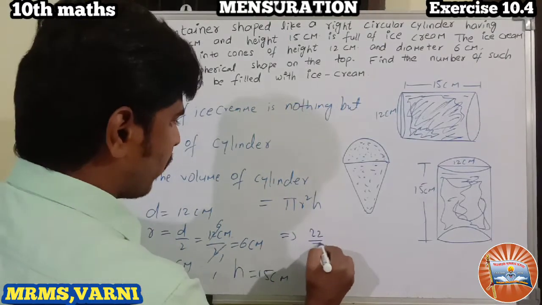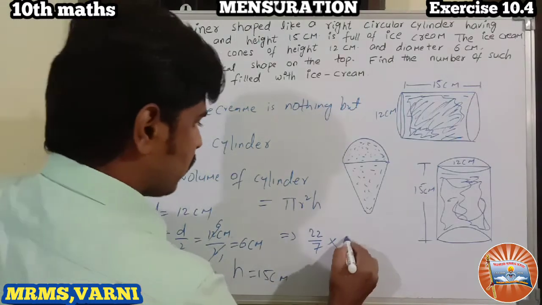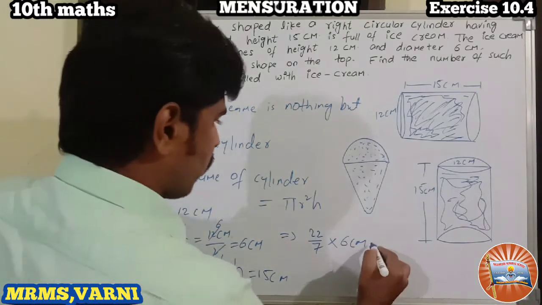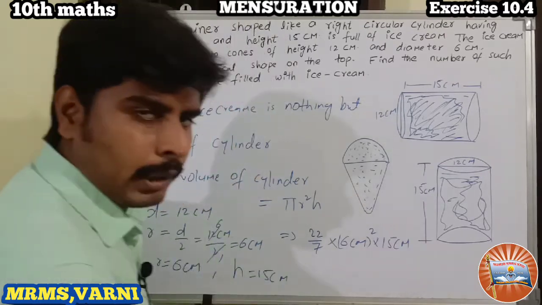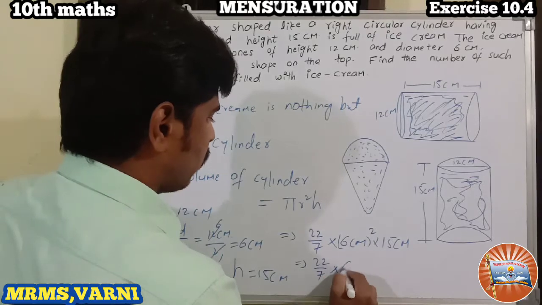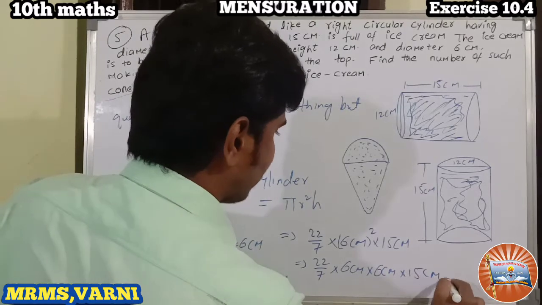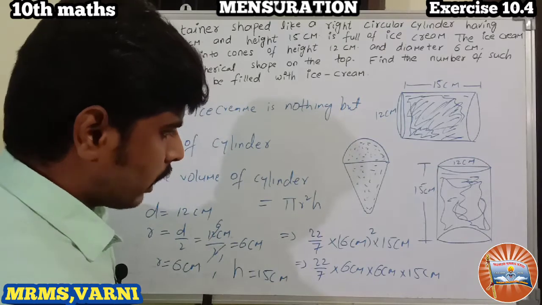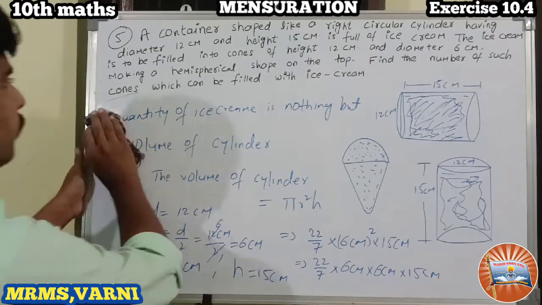Substitute the values here. So pi is 22 by 7 into r value, 6 centimeters, whole square, into h, 15 centimeter. Simplifying, 22 by 7 into 6 centimeter into 6 centimeter into 15 centimeter. Is there any possibility to cancel any terms? There is no possibility.